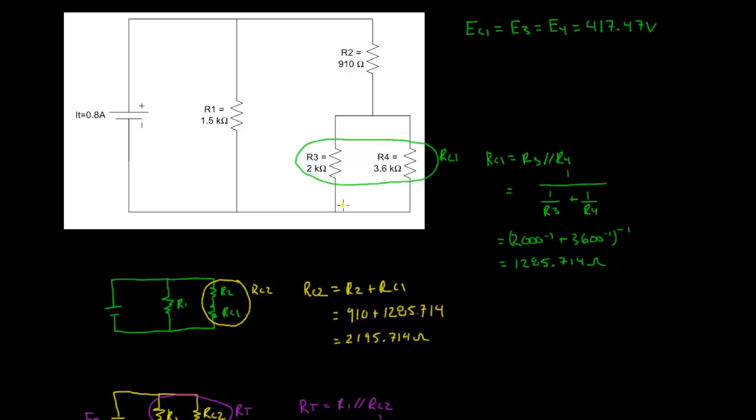So let's write down what we solved for. We solved that RT is equal to 891.187 ohms.